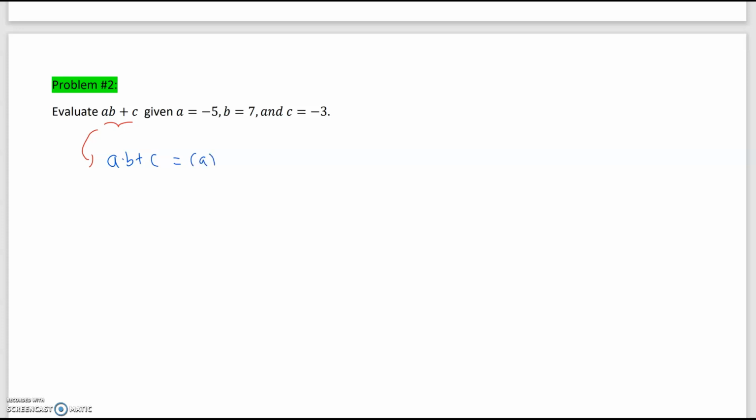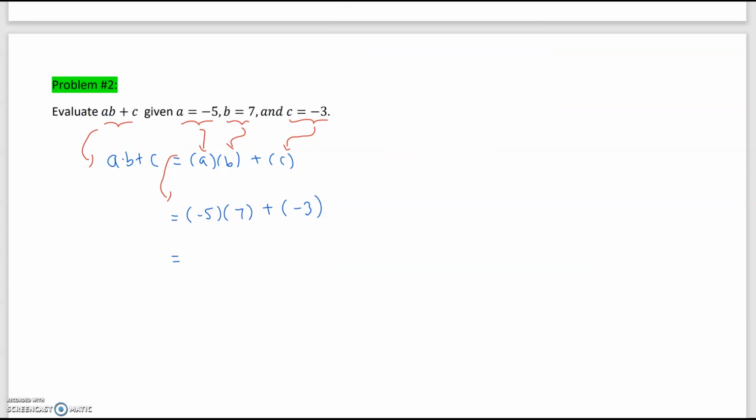What makes this one different is that every one of these values is different. So we're also only doing one single evaluation. So this will be a, which is negative 5, times b, which is 7, plus a negative 3.